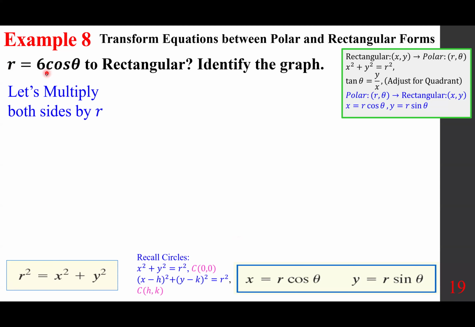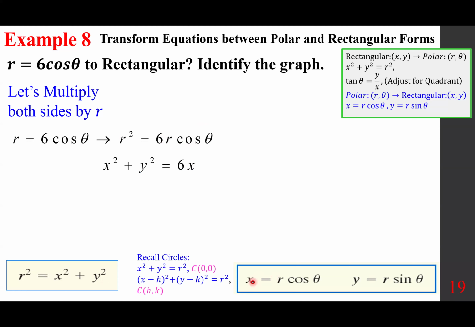So we get r squared here, 6r cosine theta. r squared can be replaced with x squared plus y squared, and r cosine theta can be replaced with x. Therefore, x squared plus y squared is 6x.